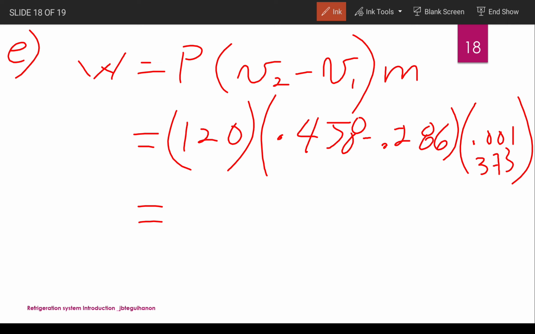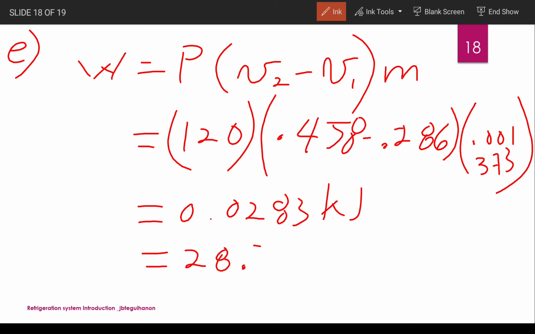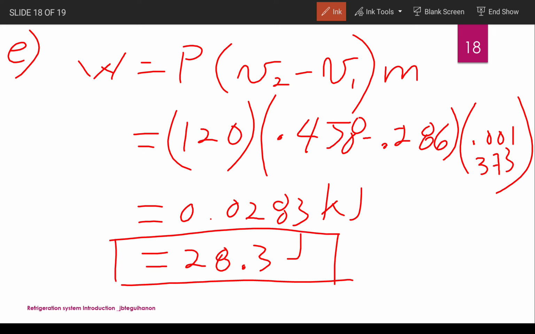I think I forgot to write down the 1 there. It's 0.001373. So your unit will be in kilojoule: 0.0283 kilojoule, or this is 28.3 joule. Okay, this is the final answer.